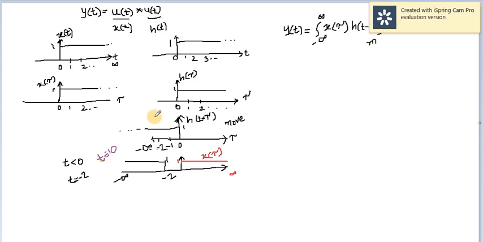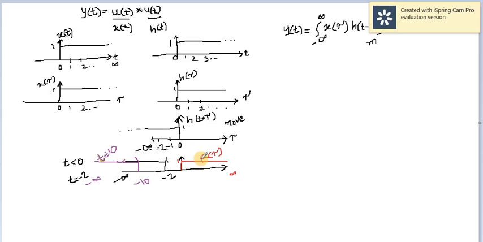Instead of starting at minus 2 when t is minus 2, now in place of 0 it will go to minus 10. So from minus 10 to minus infinity it will be running. Its amplitude is 1. Now there is no overlap between these two signals.